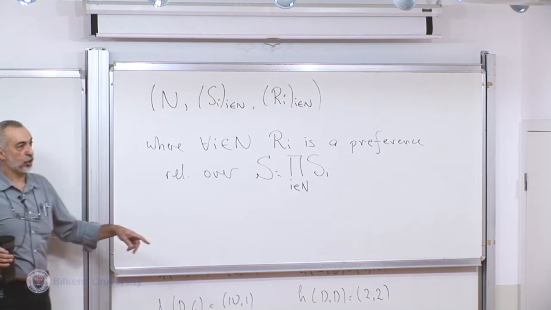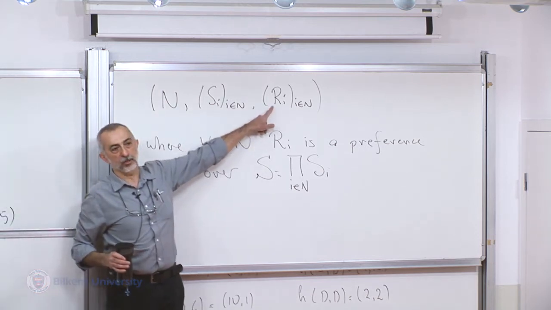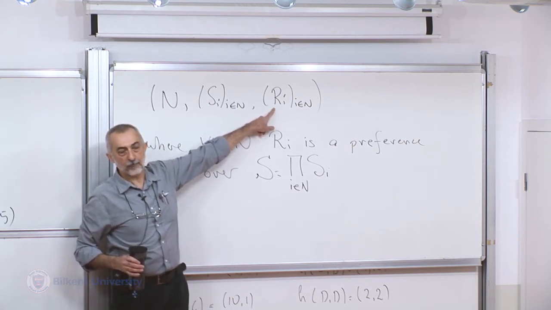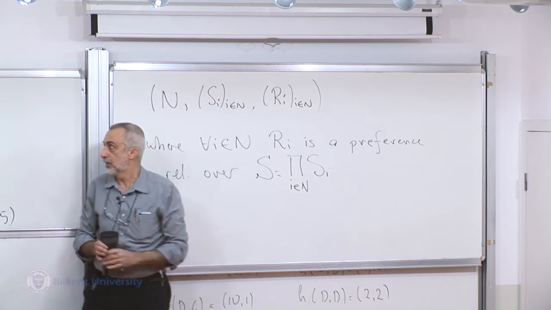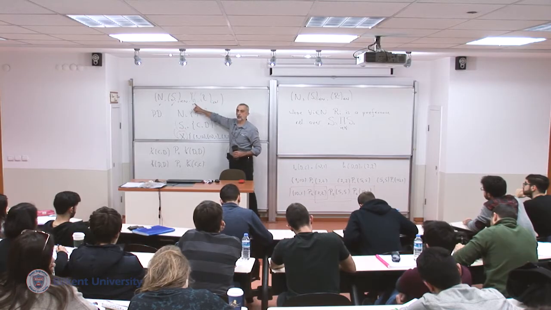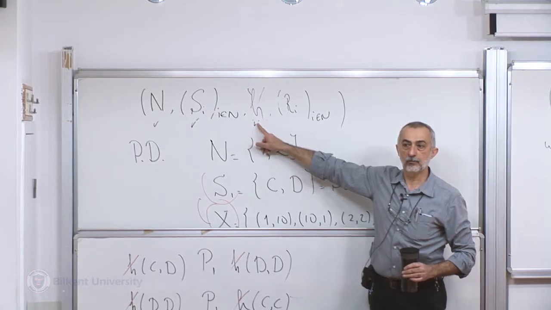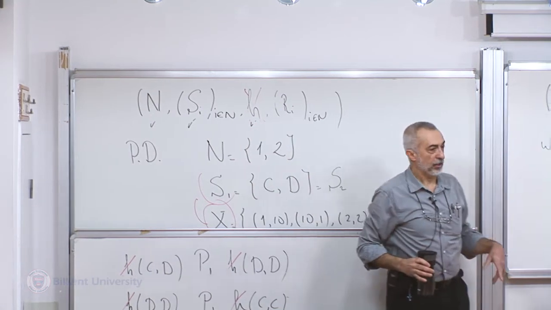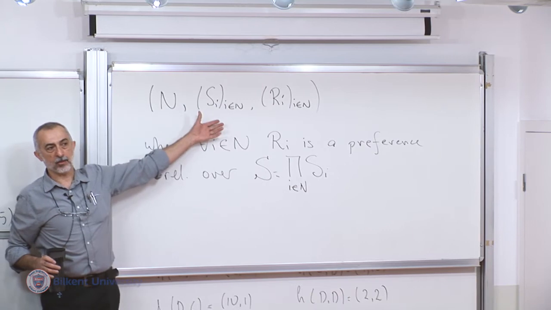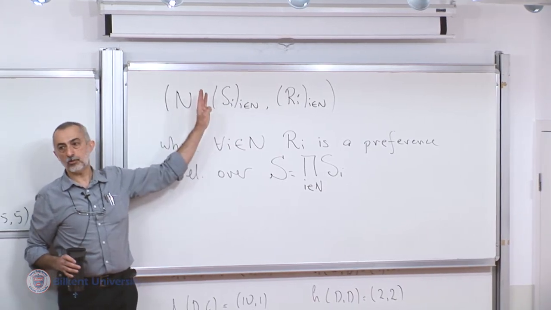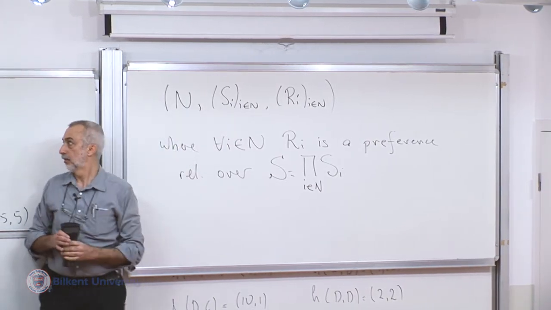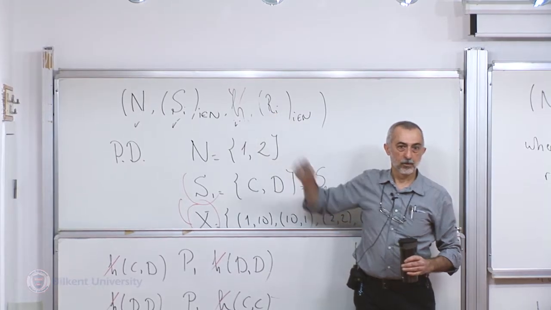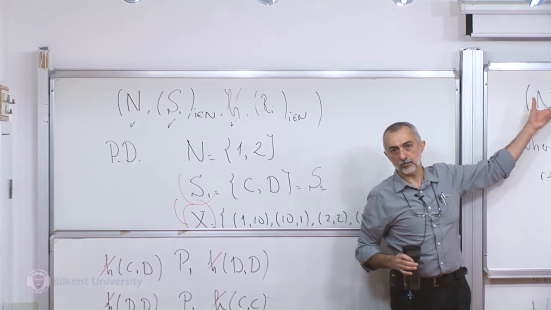We will abuse notation and use the same symbol. Okay, I will use Ri to denote preferences over strategy profiles. I will also use Ri to denote preference relations over outcomes. Okay, so the advantage of this is it's a linear model. It contains only 3 items. This is not. This contains 4 items. Okay. So the nice thing about this is it's linear, simpler.